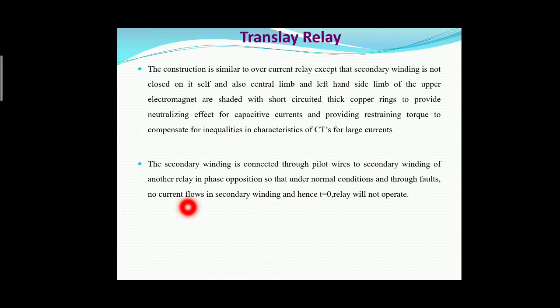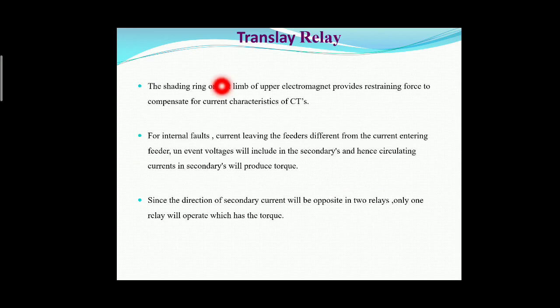That means there is no phase difference between the two currents of CT1 and CT2. Then zero torque will be produced, and automatically no current will flow through the secondary winding, and hence T equals 0 and the relay will not operate. In that case we are using the shaded ring on the left limb of the upper electromagnet, providing the restraining force to compensate for the current characteristics of the CTs.